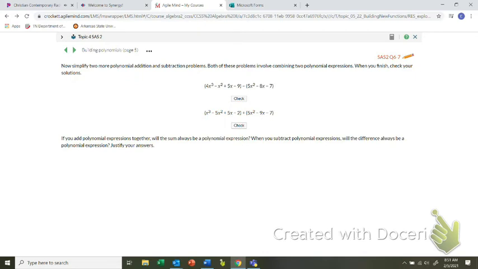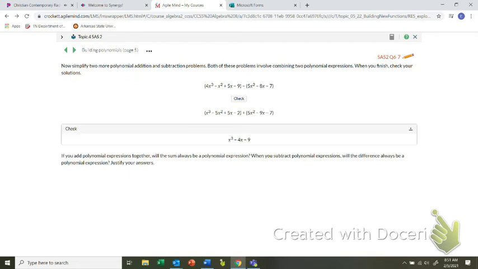We're not changing the x squared or anything, okay? Then it says when you subtract, will it always be one? Yep. Yep. You're just simplifying. Okay.